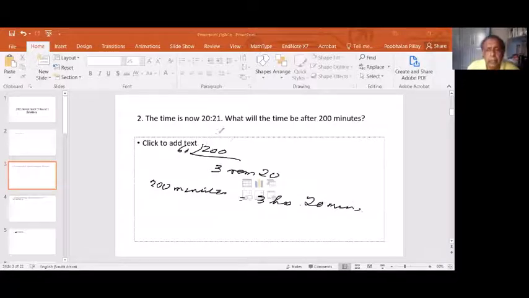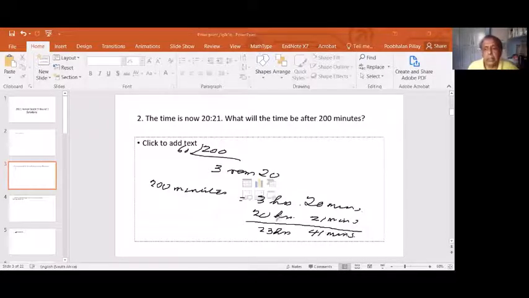And we have here the time now is 20 hours and 21 minutes. Okay, so in 3 hours time, the time will be 20 plus 21 is 41 minutes. 20 plus 3 is 23 hours.